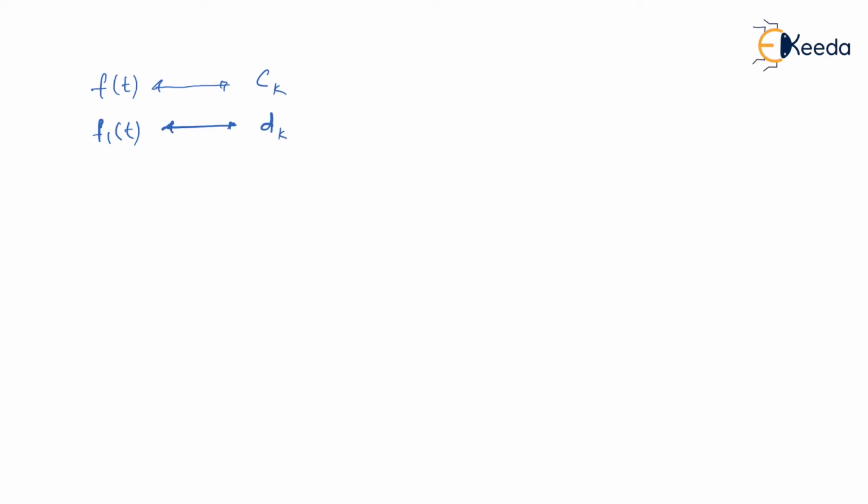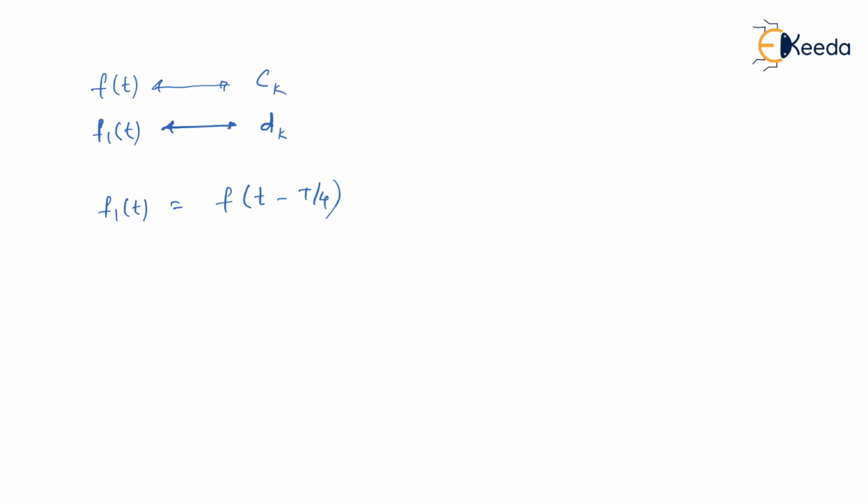So for f of t, I'm using ck as the Fourier series coefficient, and for f1 of t, I'm using dk. So what is the relation between f of t and f1 of t? We have seen that f1 of t is nothing but f of t minus T by 4, that is, a delayed version of f of t by quantity T by 4.